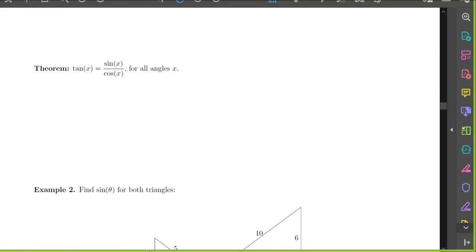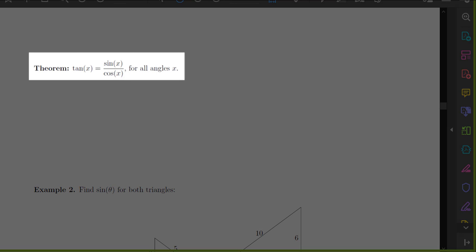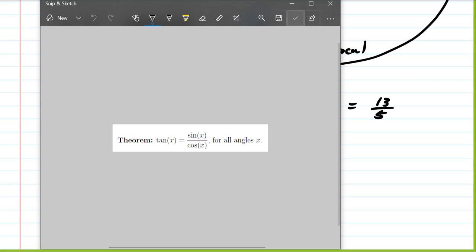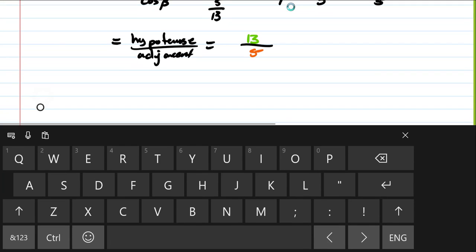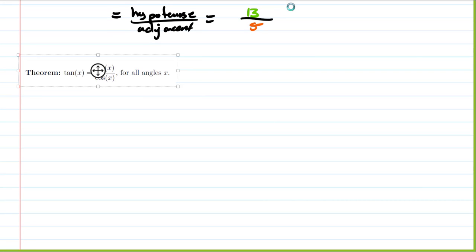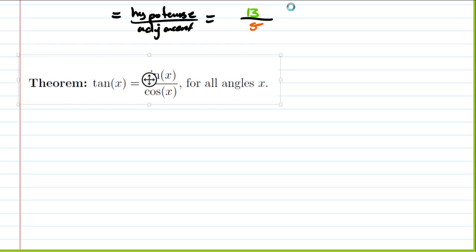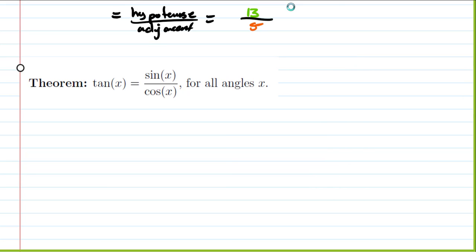So we have the following theorem, which relates our tangent function to sines and cosines. So we have the following relationship.